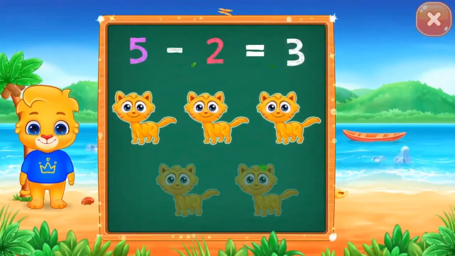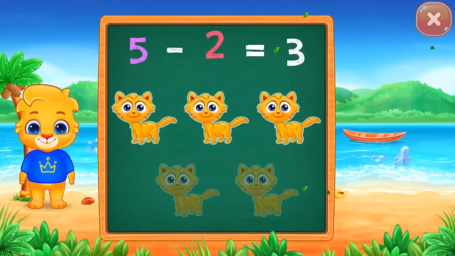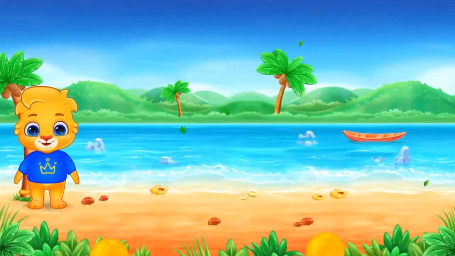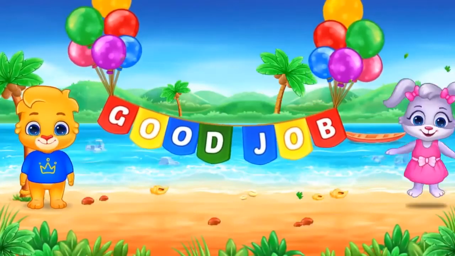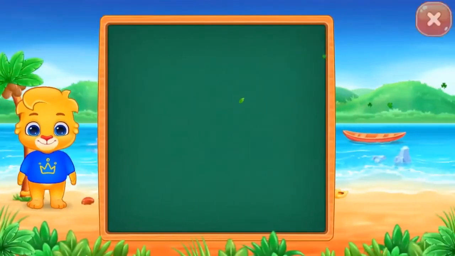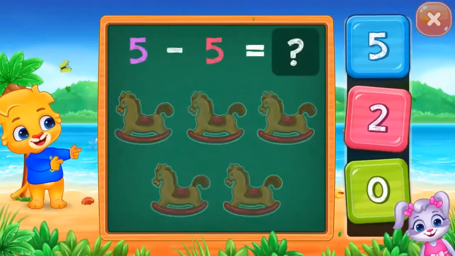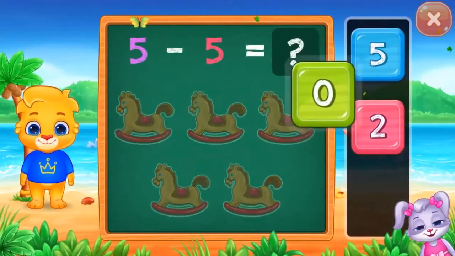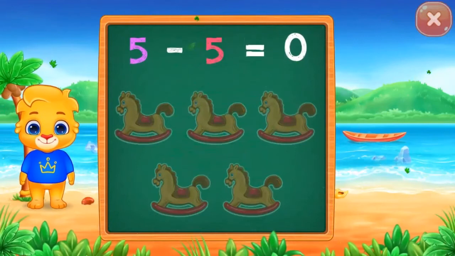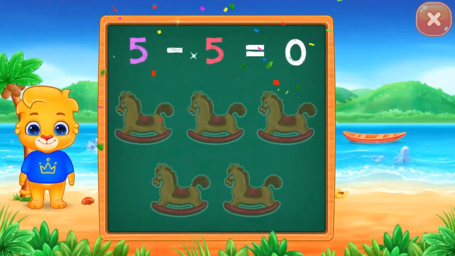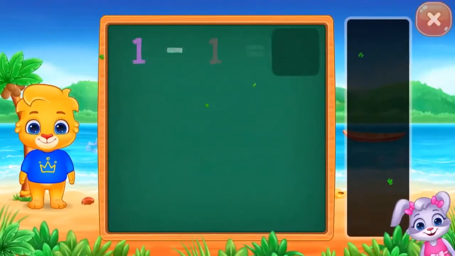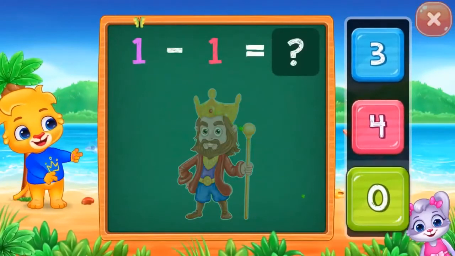Three! Woohoo! 5 minus 2 equals 3! Good job! Zero! Woohoo! 5 minus 5 equals 0! Zero!